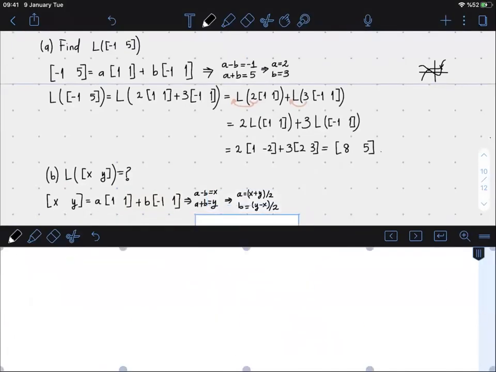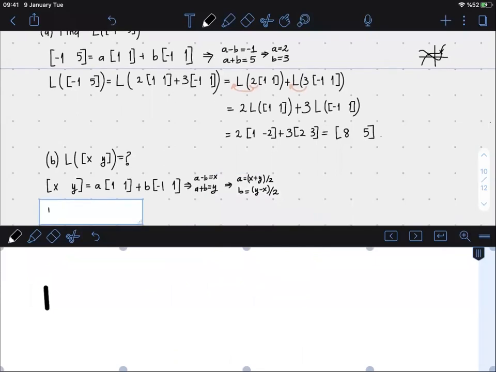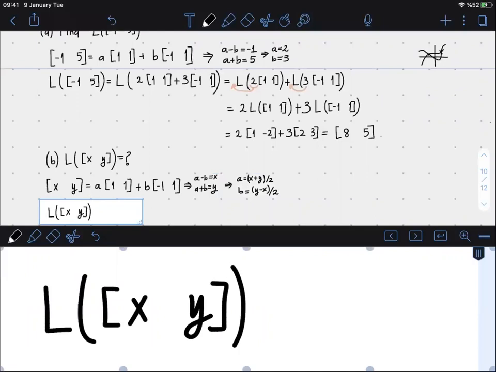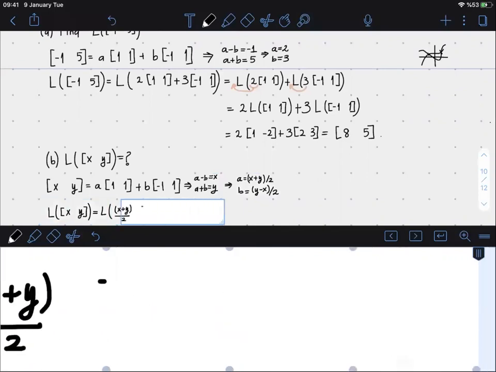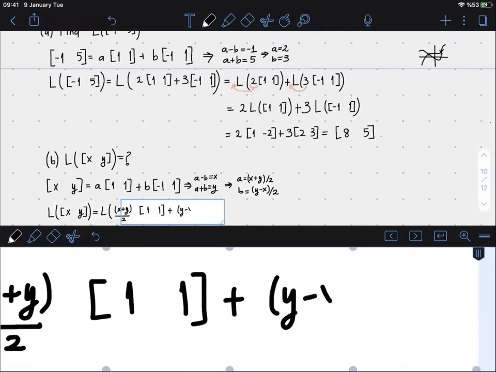Very good. So let's try to compute L of (x, y) now. What is this thing? This is L of (x + y)/2 times the vector (1, 1) plus (y - x)/2 times the vector (-1, 1).